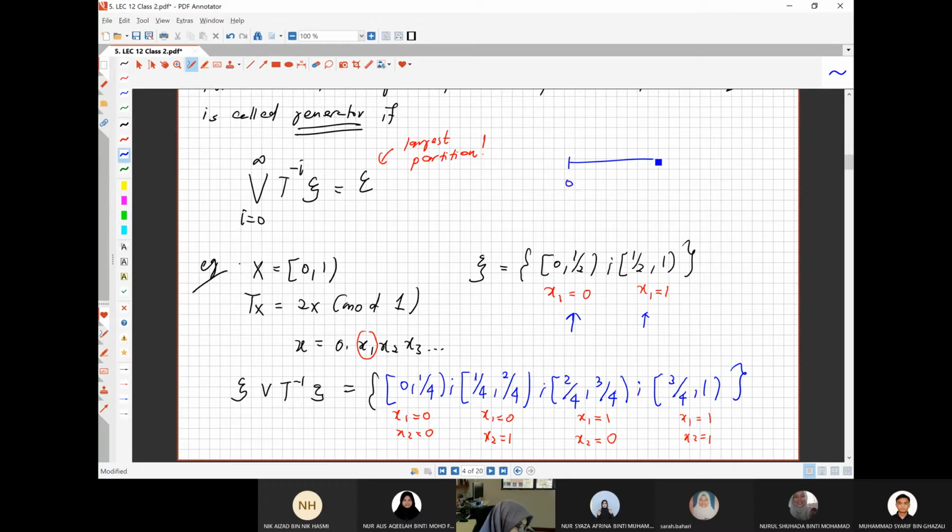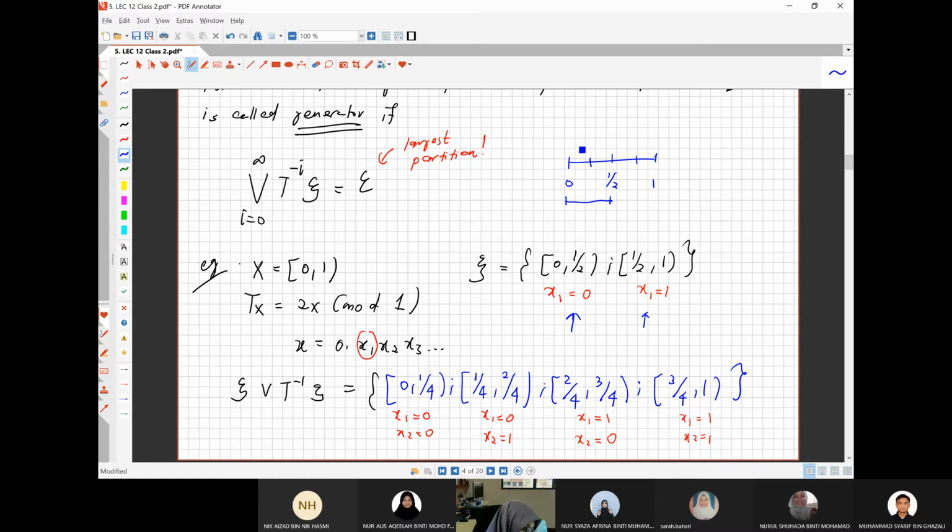It is like we divide, if you remember the mechanism. So first we have 0 and 1. Okay, and then you take the pre-image, so you divide these two again into 2.